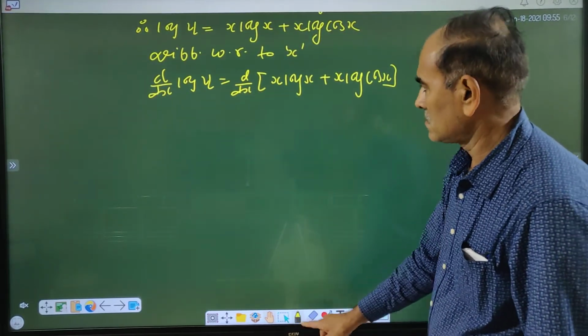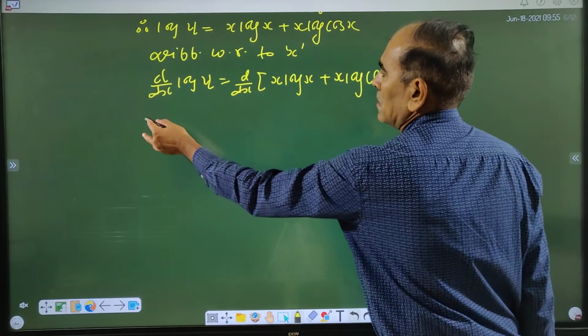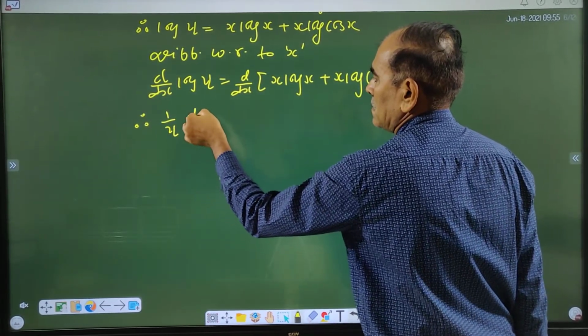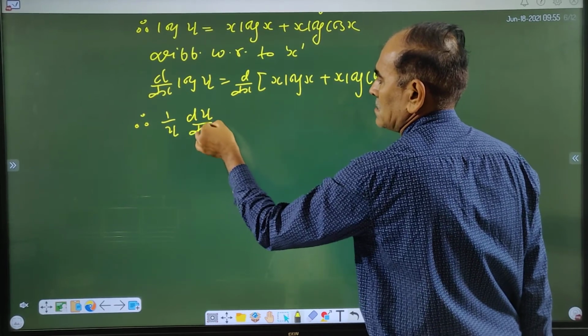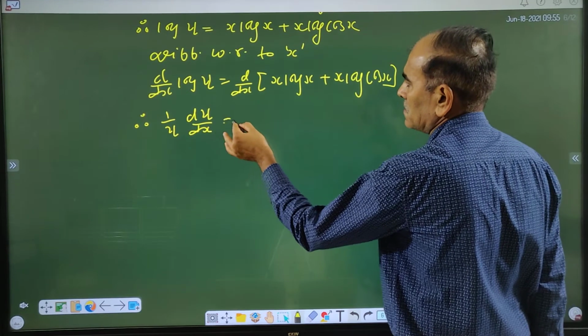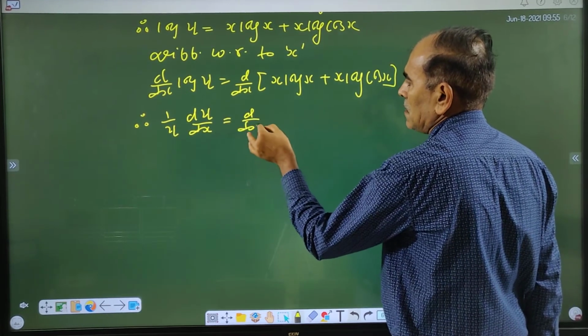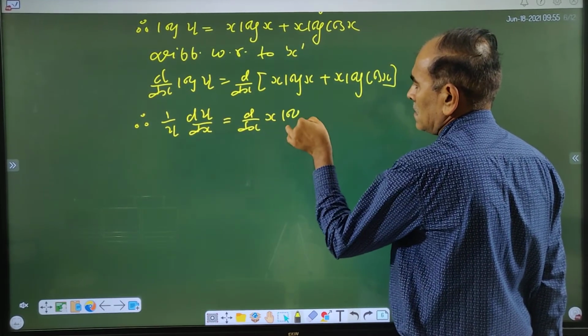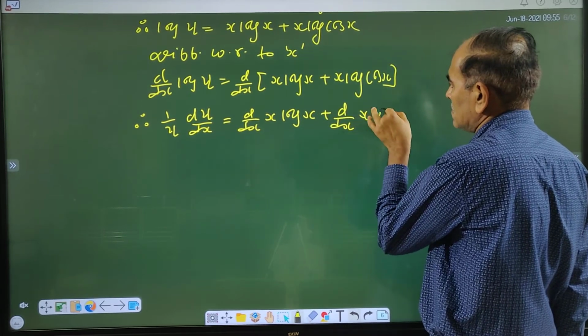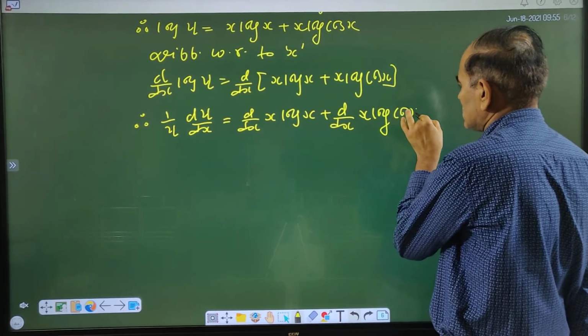And therefore, 1 by u du by dx, log of some function gives 1 by that function, d by dx of that function. Derivative of what? d by dx of x log x plus d by dx of x log cos x.